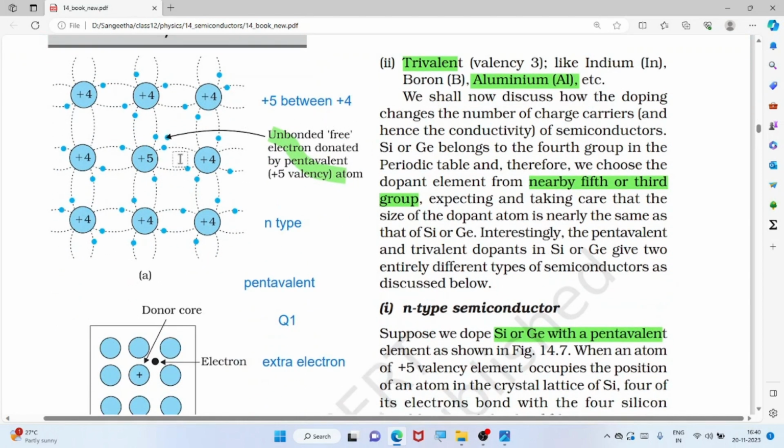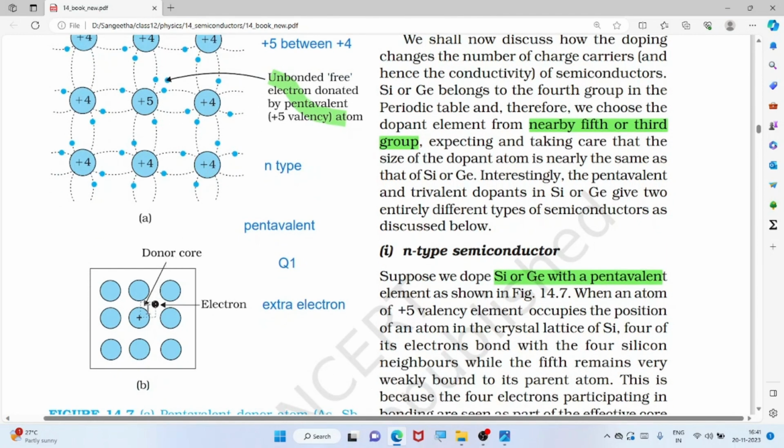If you add a pentavalent impurity to the intrinsic semiconductor, which has 4 valence electrons, this is n type, and a free electron is available. Because the impurity has 5 valence electrons and the host has 4, 4 will form bonds and then 1 electron will be free. That is this free electron.